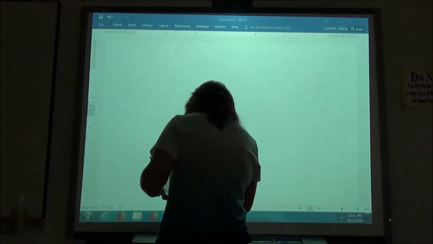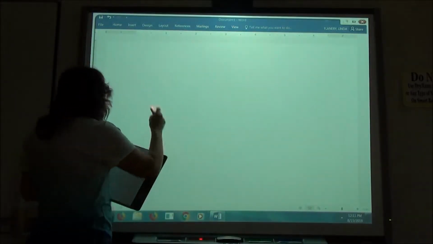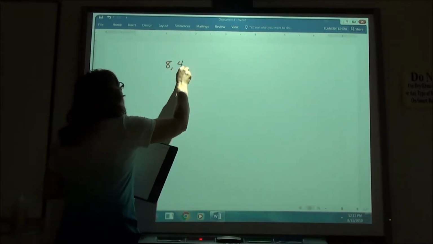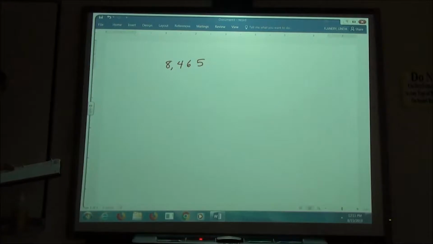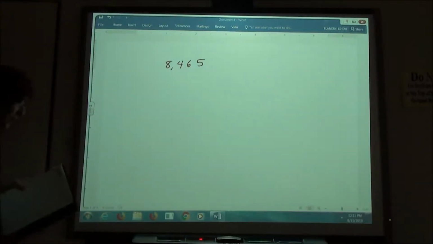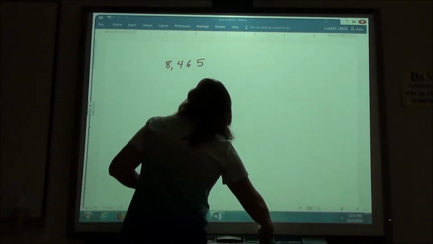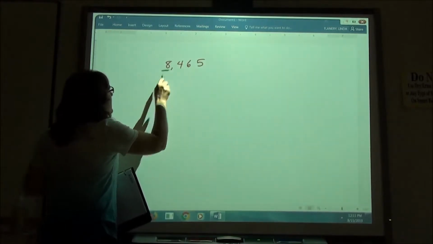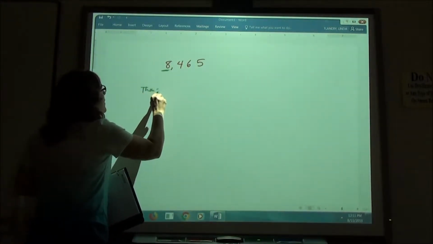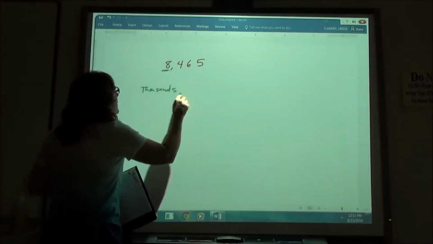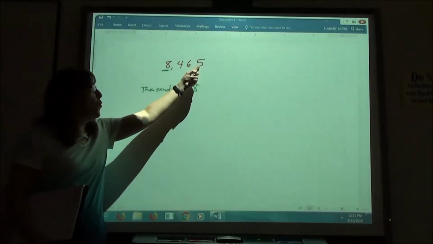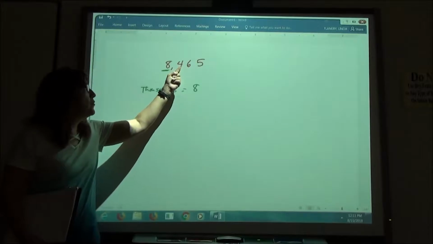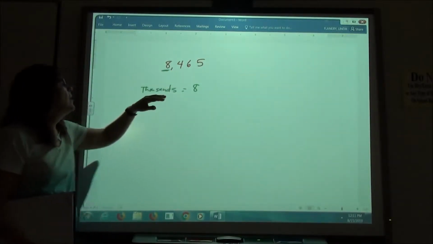Here we go. So, first one we have 8,465. It wants you to identify the digit in the thousands place and in the ones place. So, in the thousands place, the 8. This is the ones, the tens, the hundreds, the thousands.